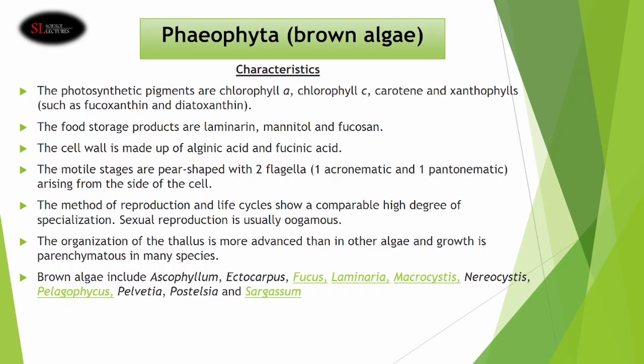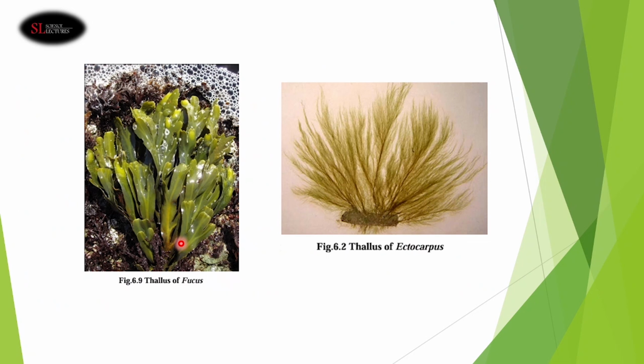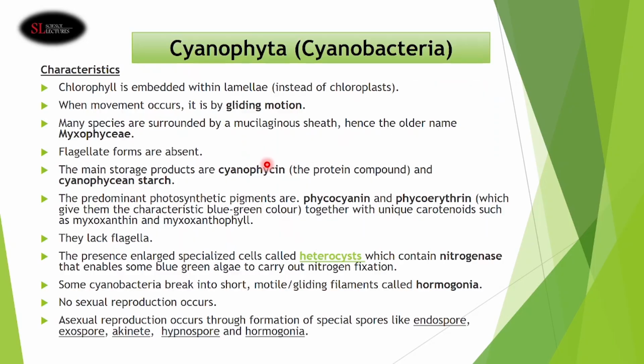Some of the examples are Ascophyllum, Hitocarpus, Fucus, Laminaria, Macrocystis, Nereocystis, Pelagophycus, Pelvetia, Postelsia, and Sargassum. So here we have an example of Fucus and an example of Hitocarpus, but you agree with me that these look like plants, yet they are not plants.